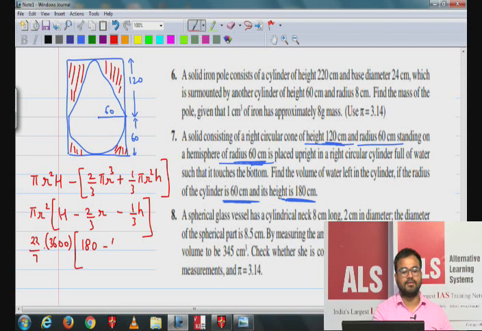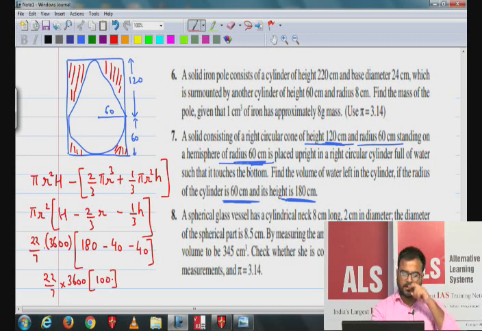Small h represents the height of the cone, which is 120, and 120 divided by 3 is 40 again. So it will be 22 by 7 into 3600 into 180 minus 80, that is 100. Not a difficult calculation, it is an easy one. So it will be 22 over 7 into 36 with 4 zeros. This is the volume of the water.